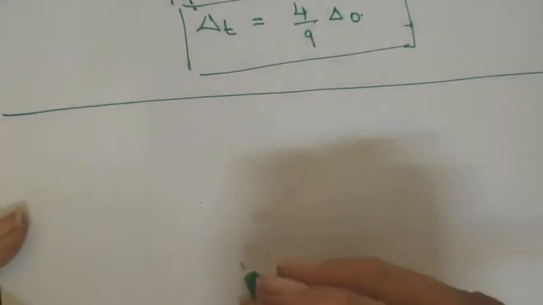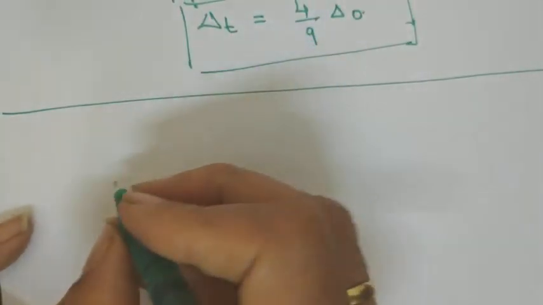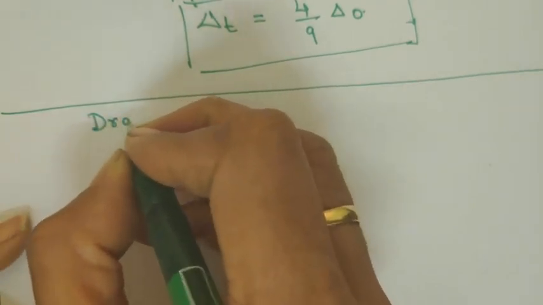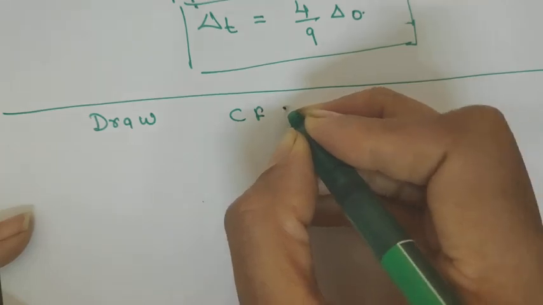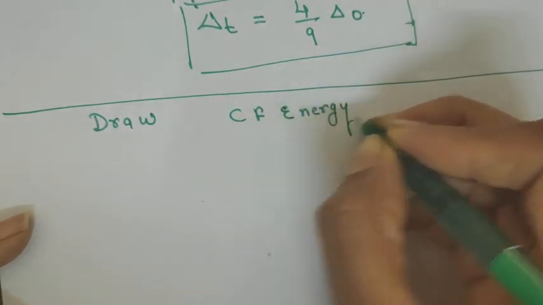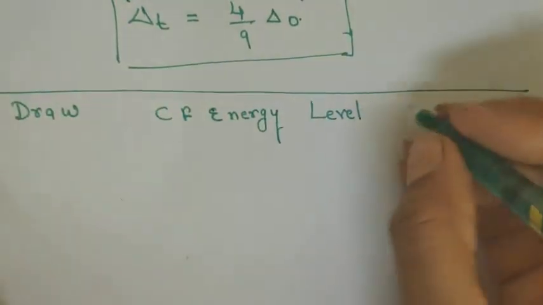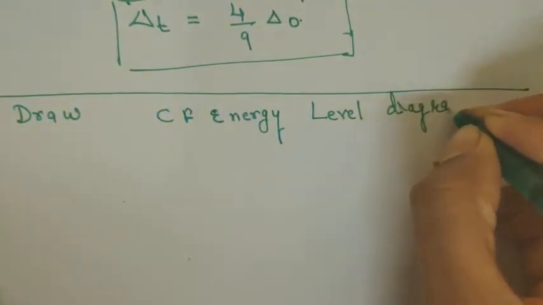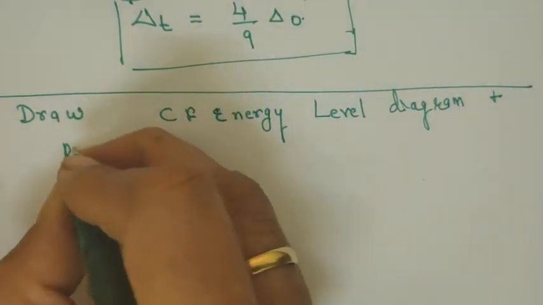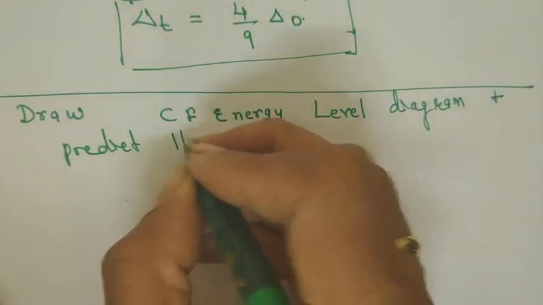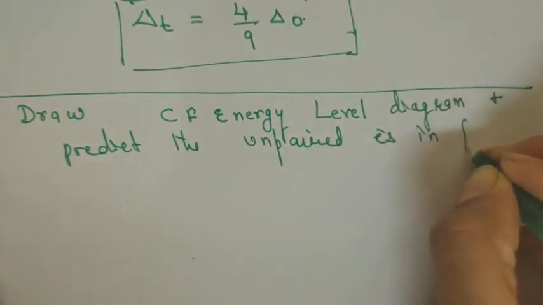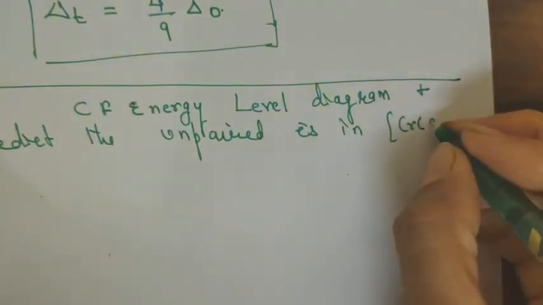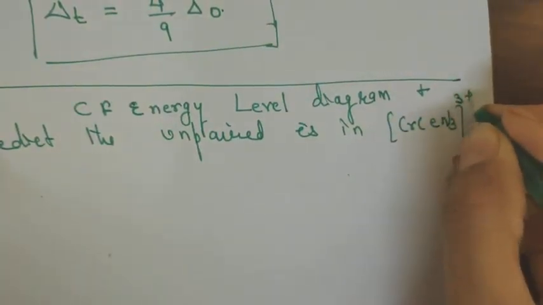Now look at this question. A question can come like this: draw the crystal field energy level diagram and predict the unpaired electrons in Cr(en)3 3 positive.